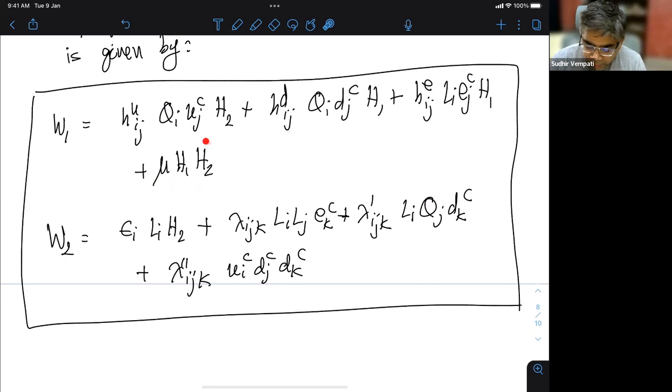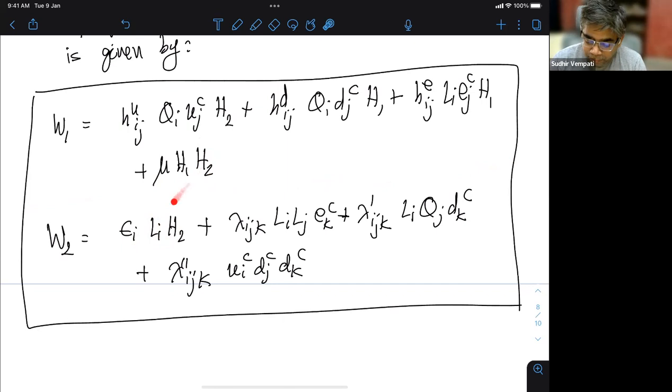So in mu H1 H2, I can put Li H2. So I introduce three new terms here. As a consequence, this term breaks lepton number. That's the reason I separated them out. So there is no automatic lepton number conservation in supersymmetry.